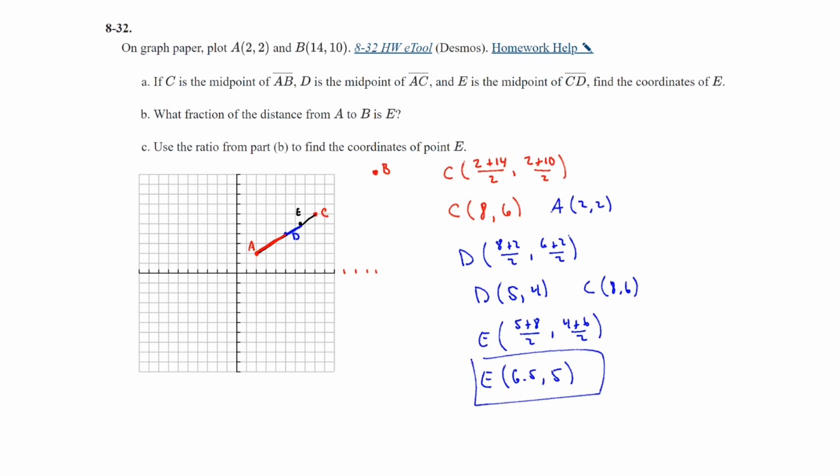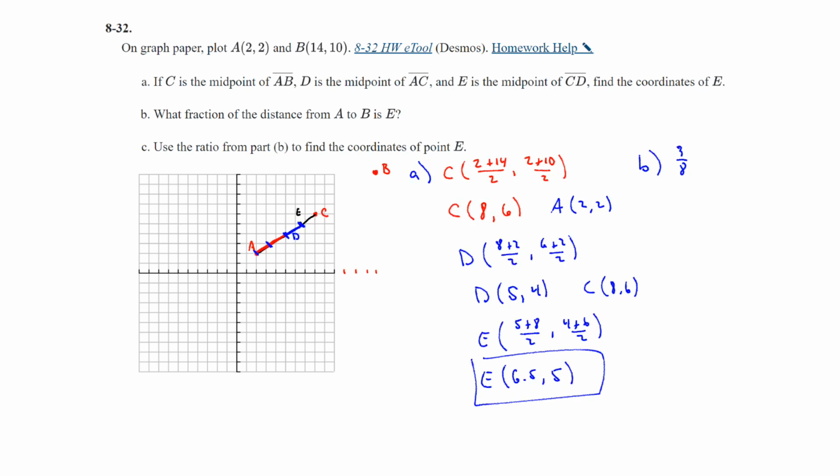So if we look at it, this would represent 1/8, 2/8, 3/8. So for part B, what fraction of the distance from A to B is E? That would represent, once again, 1/8, 2/8, and 3/8.